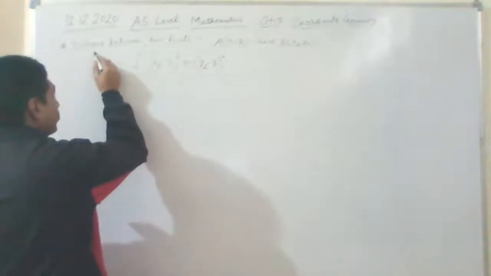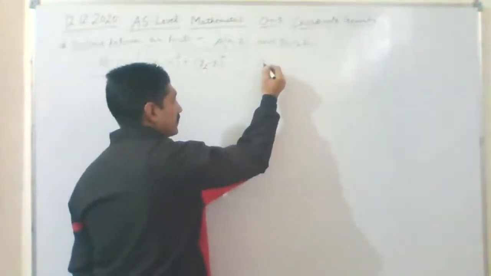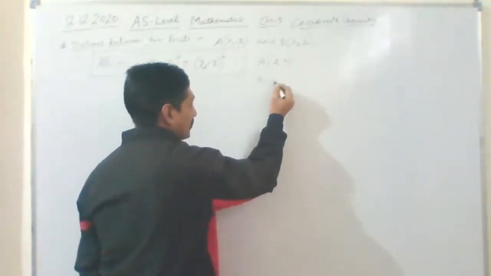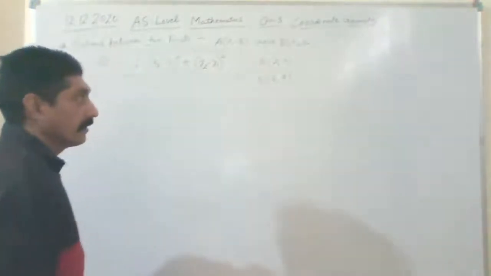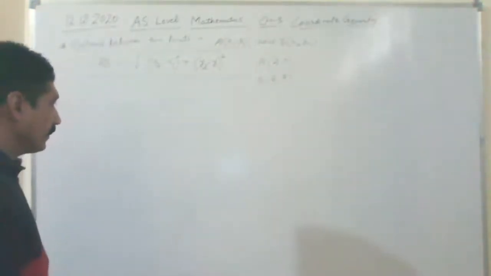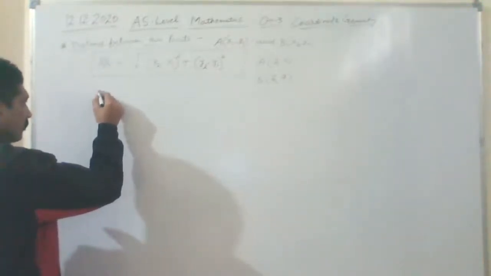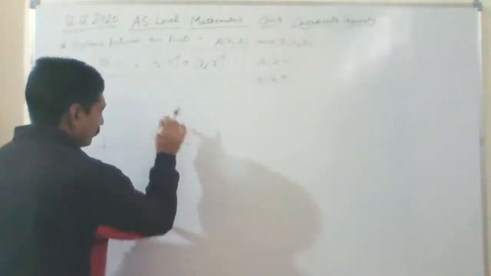As an example, if point A is 2 comma 4 and point B is 6 comma 7, when we plot it, both points lie in the first quadrant.